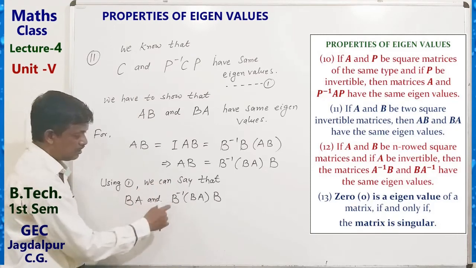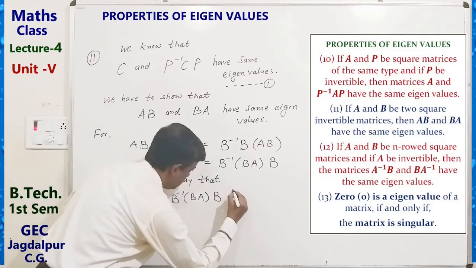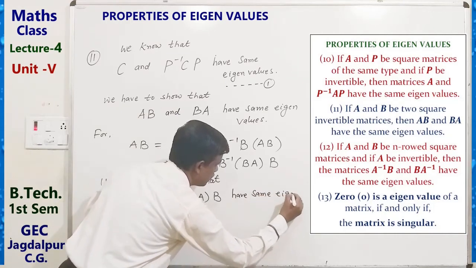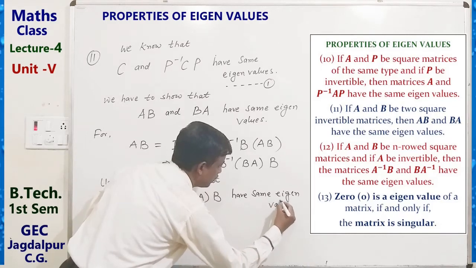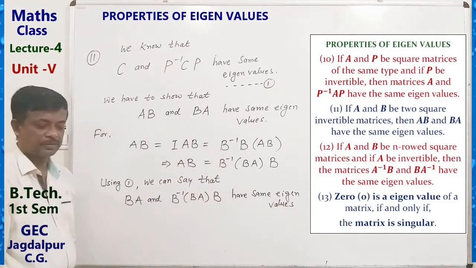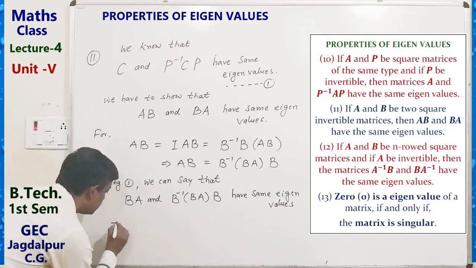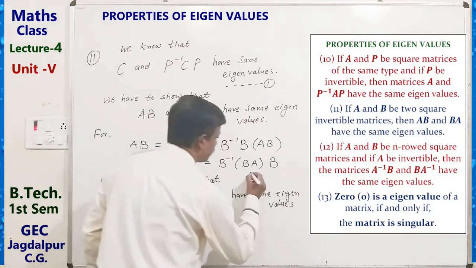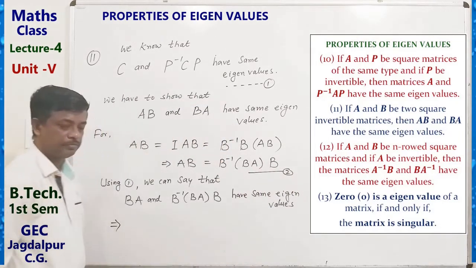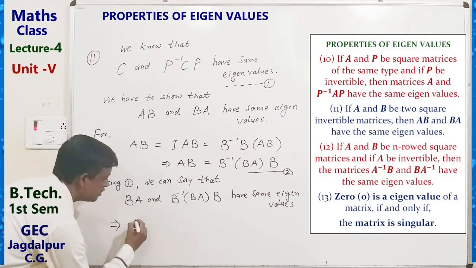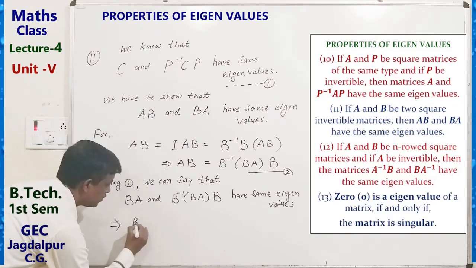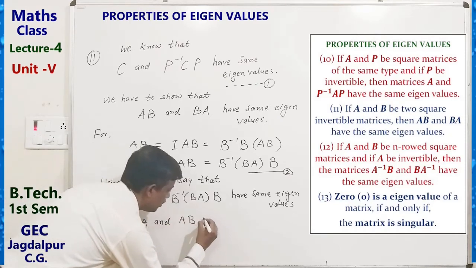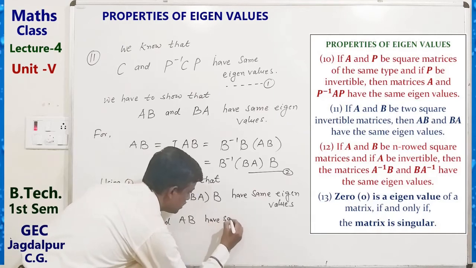Using one, we can say that this and these have same eigenvalues, which implies this equals AB, which implies BA and AB have same eigenvalues.